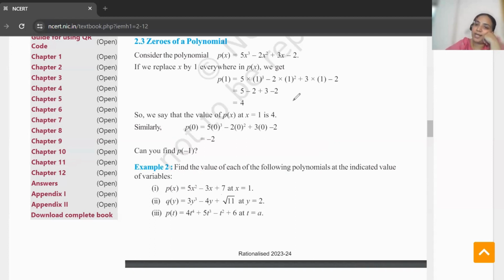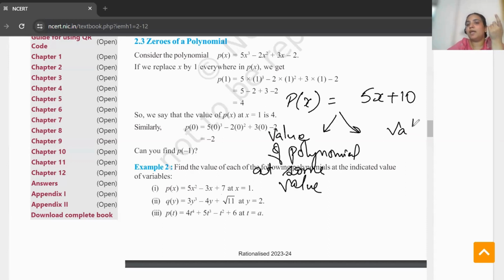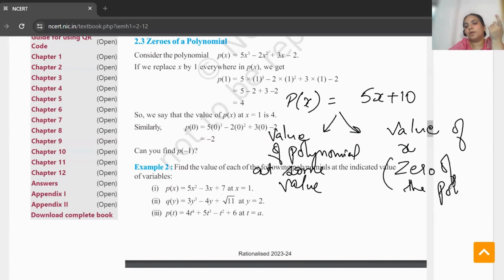As in, when I say that there is a polynomial of x given to you, 5x plus 10, and there are two things, the value of polynomial at some value, and another is value of variable x, which is also known as the zero of the polynomial, right beta?